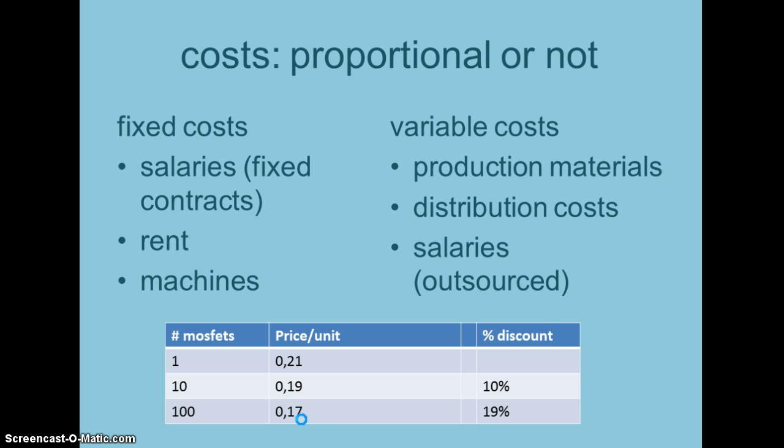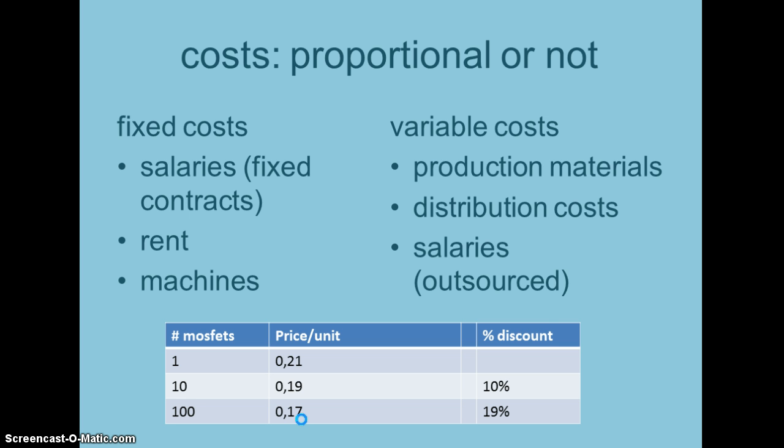So an example of proportional costs, if you buy them, I just found online the price for some MOSFETs. If you know what those are, you are into electronics. So the price per unit is 21 cents. If you buy 10, it's 19 cents, and if you buy 100, it's 17 cents per unit.